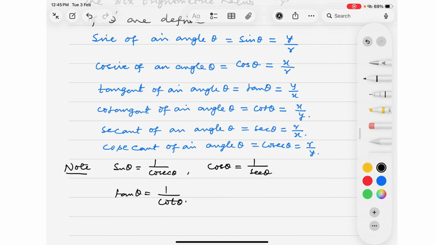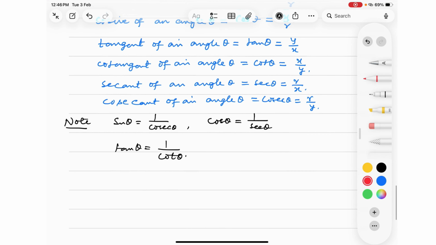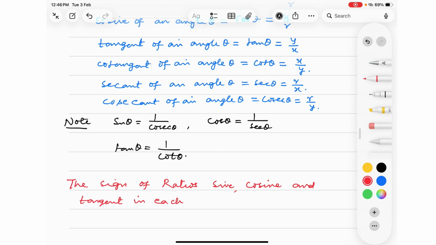Now, just now we have explained the quadrants and the point P lying in the 4 quadrants. The next important point is the sign of the ratios sine, cosine and tangent in each of the quadrants.